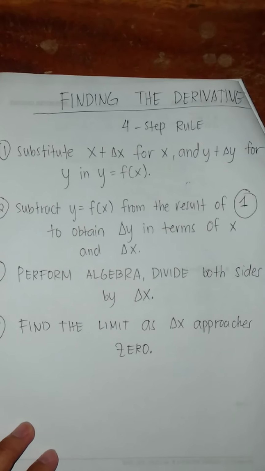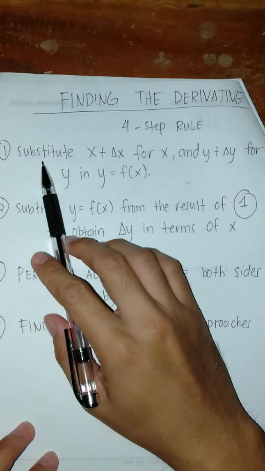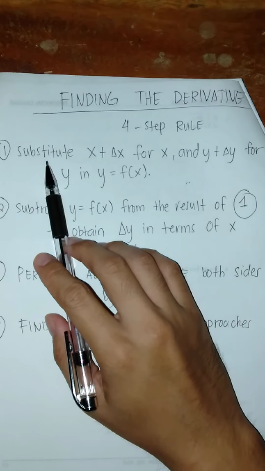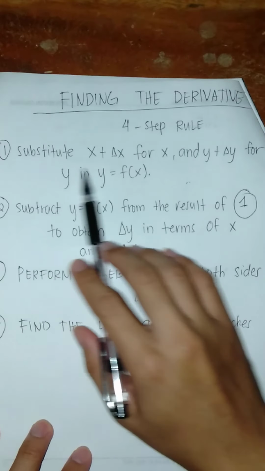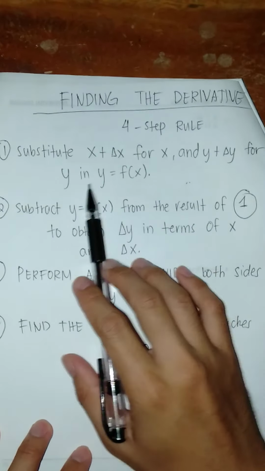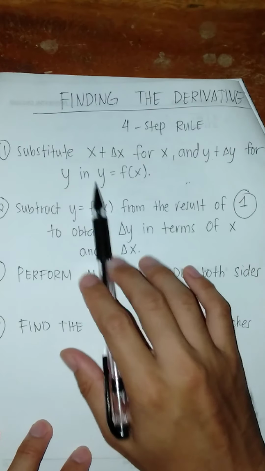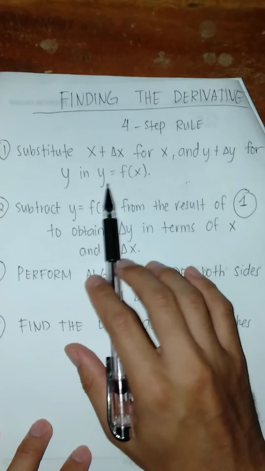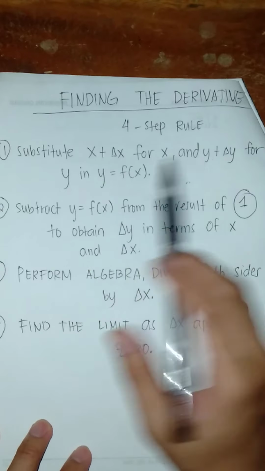There are only four steps, so we just have to follow this 4-step rule. First, in finding the derivative of a function, substitute x plus delta x for x and y plus delta y for y, where y is equal to your function of x, the given function.